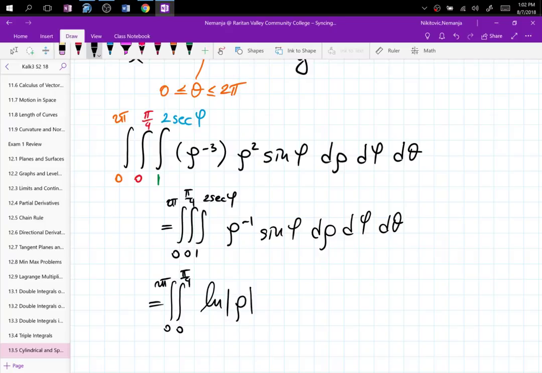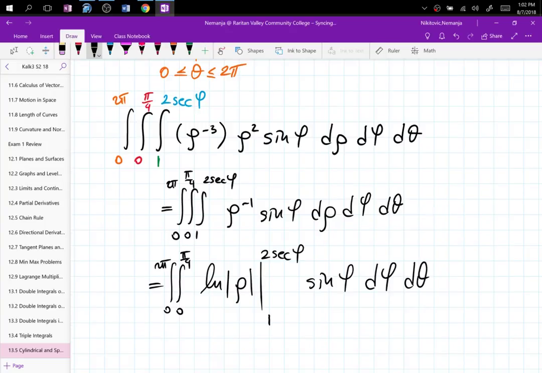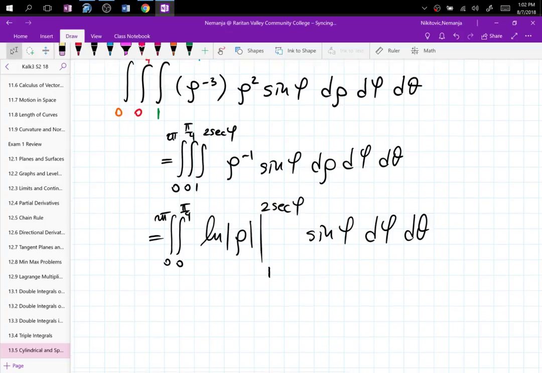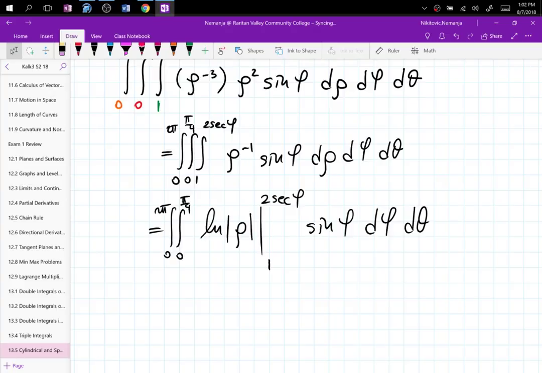ln rho from 1 to 2 secant phi, sine phi d phi d theta. Ooh, this is going to be ln of secant phi. Who's excited?